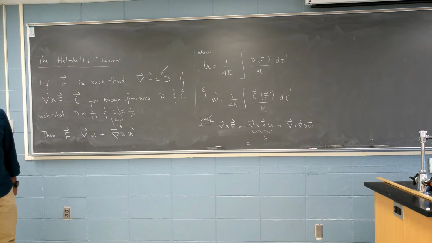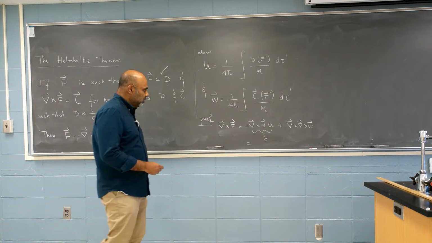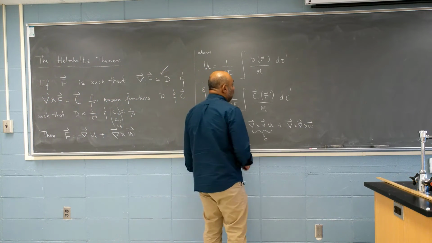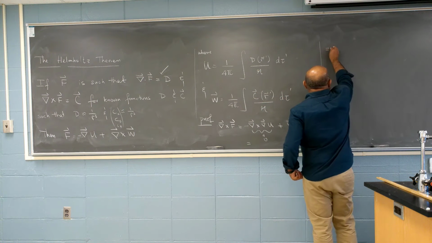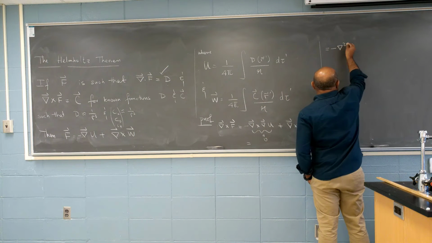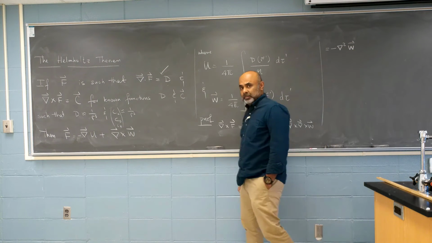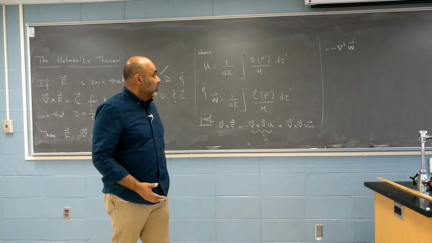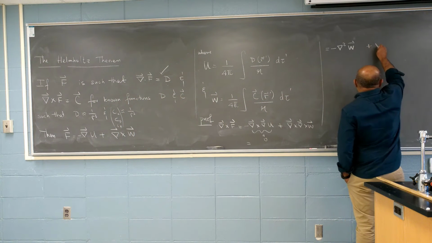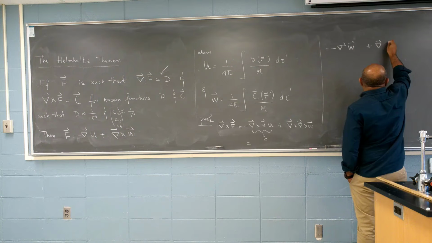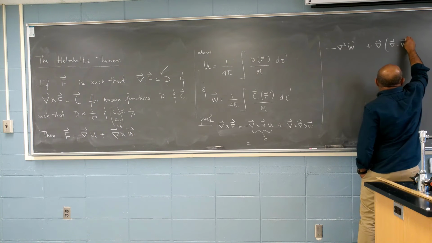Back to vector identities in the inside cover of your textbook. Using the inside cover, you'll find that this is directly what you get. It's the gradient of the divergence of w.